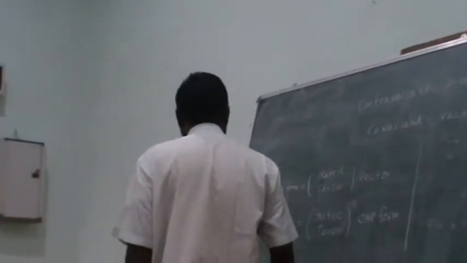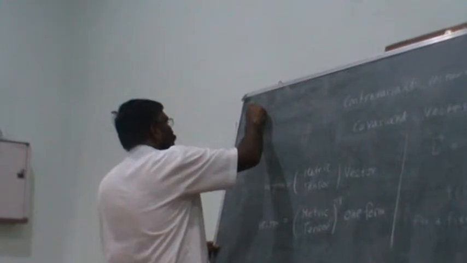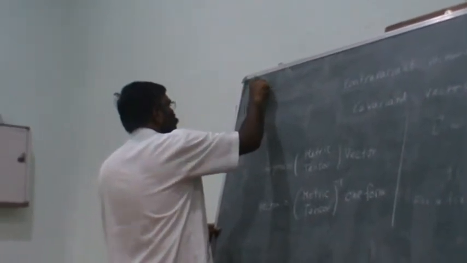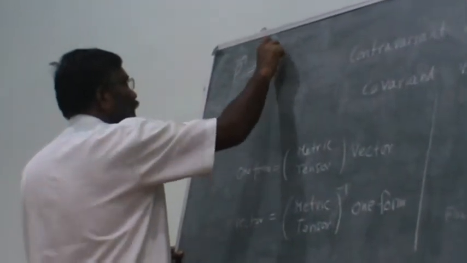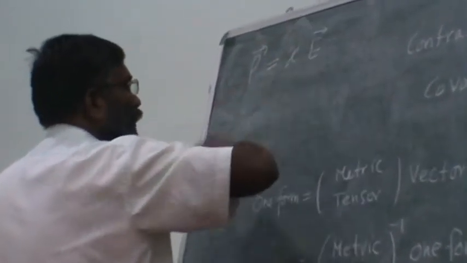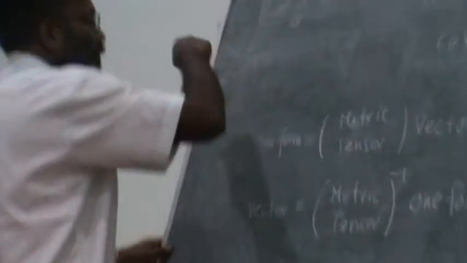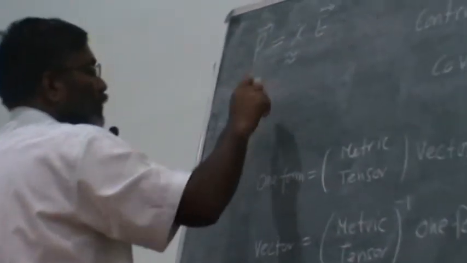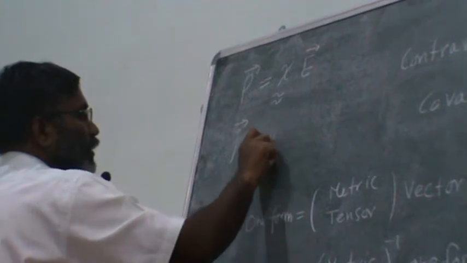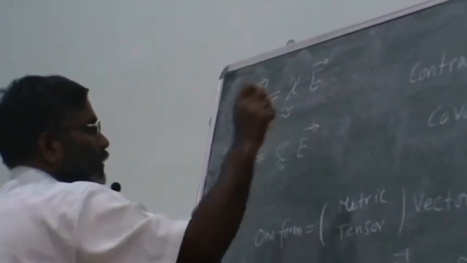So all these second rank tensors that we come across in physics, maybe the inertia tensor, or the polarization is equal to some susceptibility times the electric field, the linear polarization vector, or the current density is equal to sigma, the conductivity tensor, times the electric field, and so on.